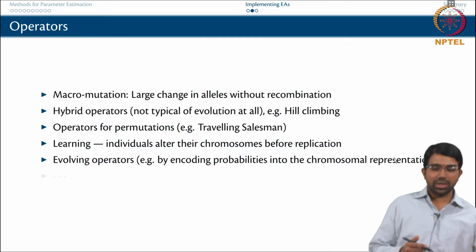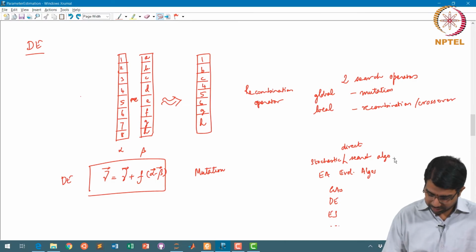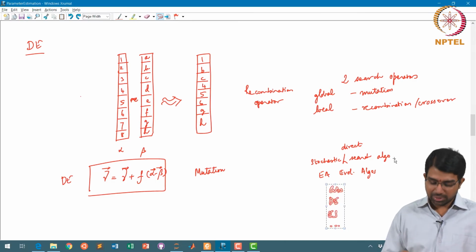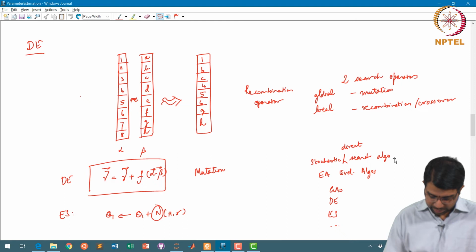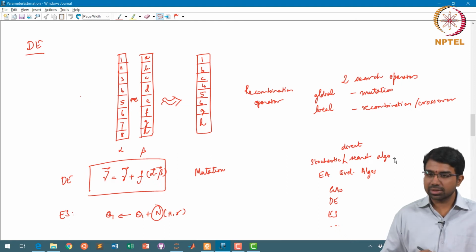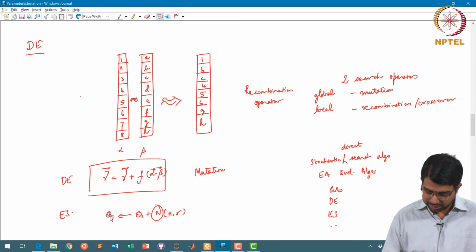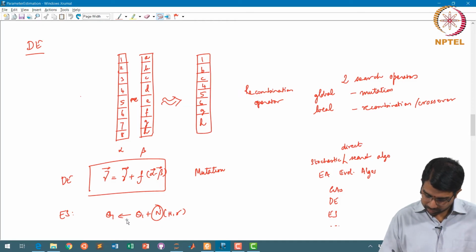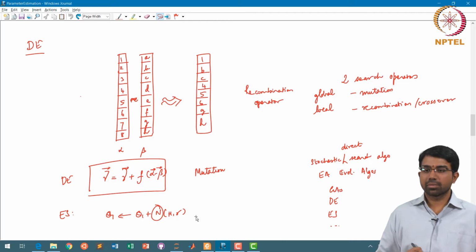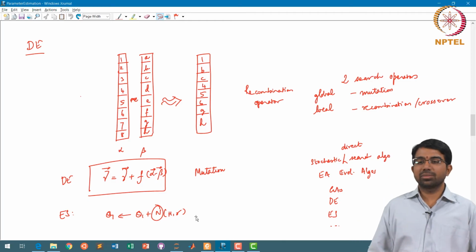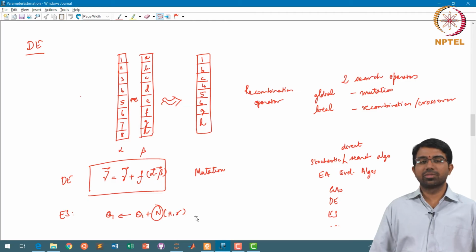Another very simple operator, this is for evolution strategies, is, let us say there is a parameter theta 1, just add a randomly distributed variable to it, right.